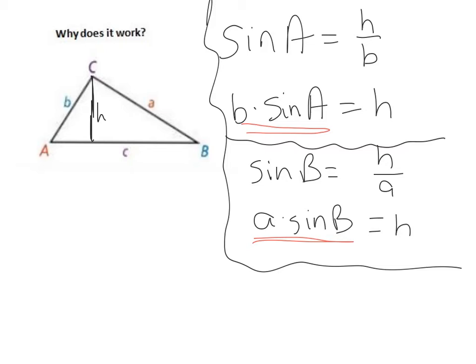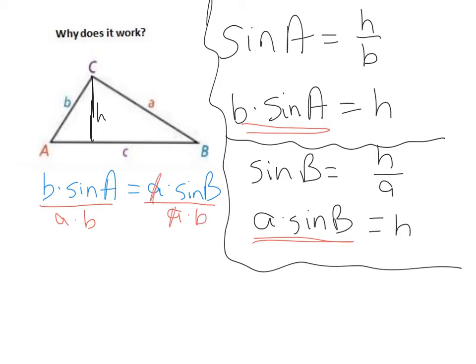So that tells me that b times sine of angle A has to equal a times sine of angle B. The two underlined red pieces have to be the same. And then if I do a little bit of algebra, I'm going to divide by a on both sides, and I'm also going to divide by b on both sides.